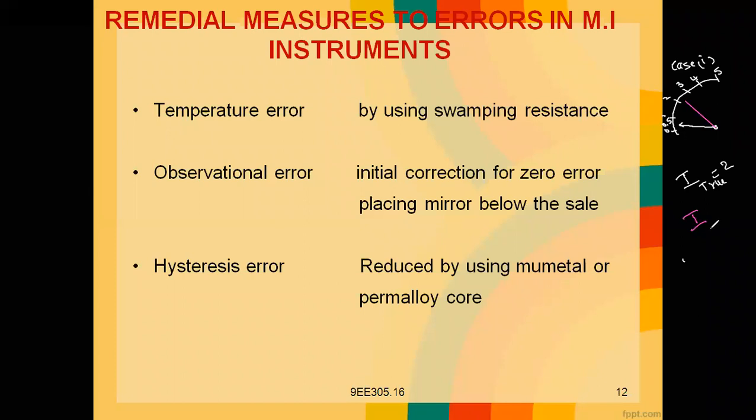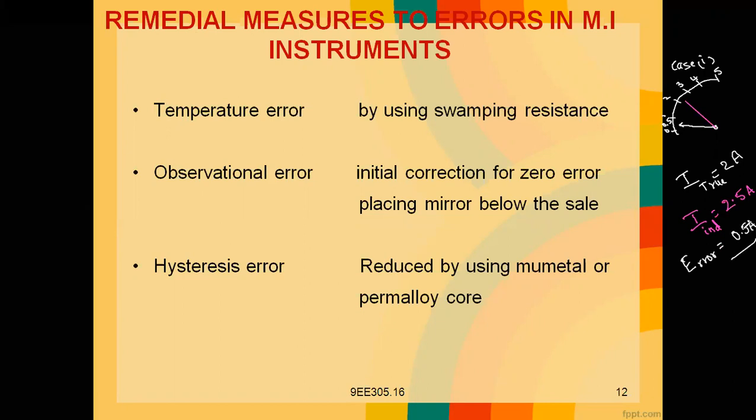So the indicated value will be 2.5 amperes instead of 2 amperes. So we will have an error of 0.5 amperes already.